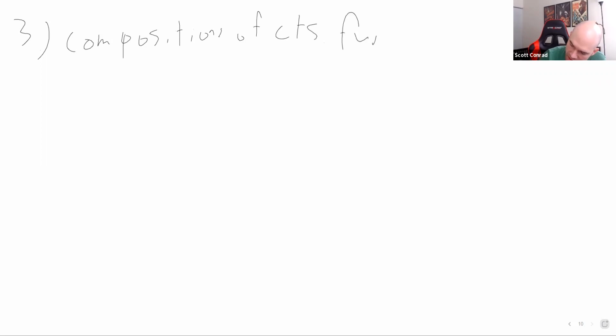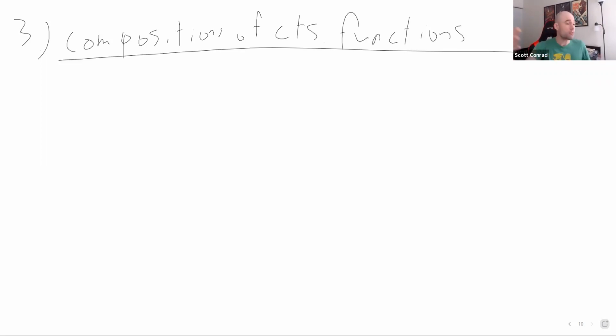And compositions of continuous functions are continuous. So if you have a function of one variable which is continuous, which is basically everything you've dealt with in 140 and 141, and a function of two variables which is continuous, if you compose the two, they're continuous.